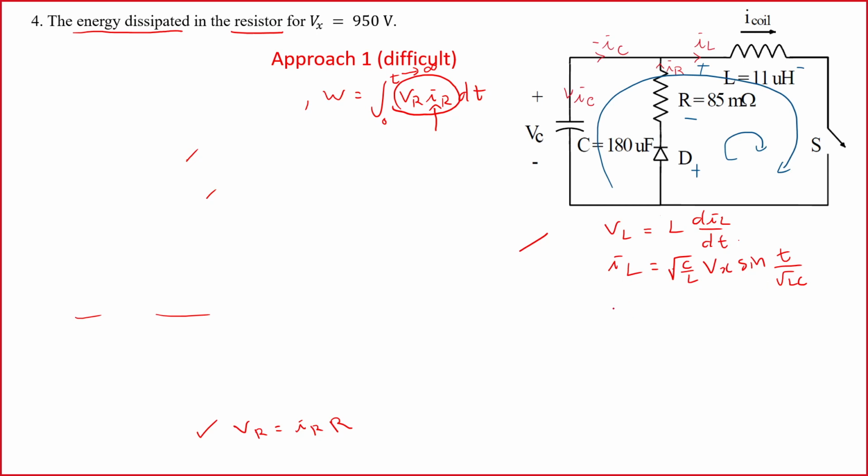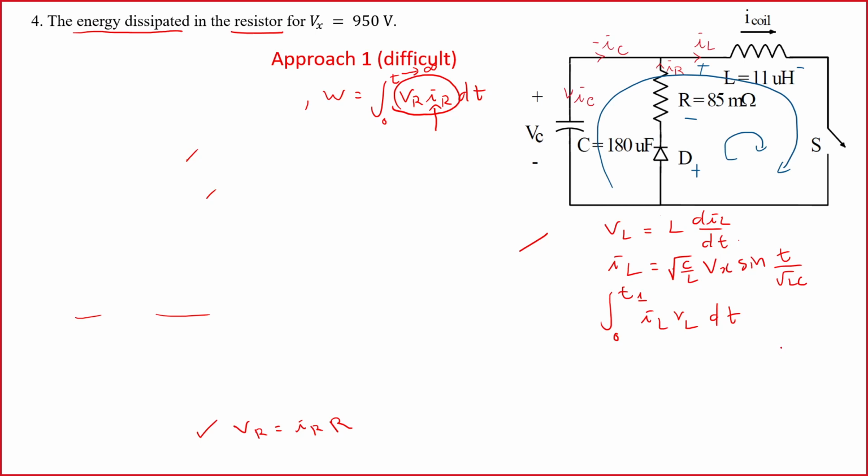Then you calculate the energy stored in here, because IL here is taken from 0 to T1, IL times VL.